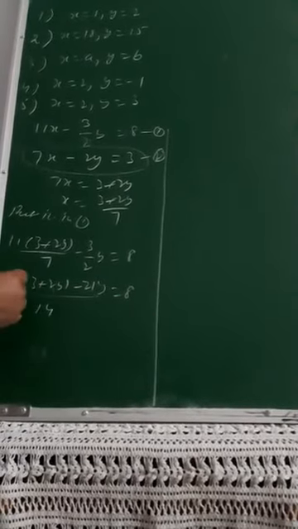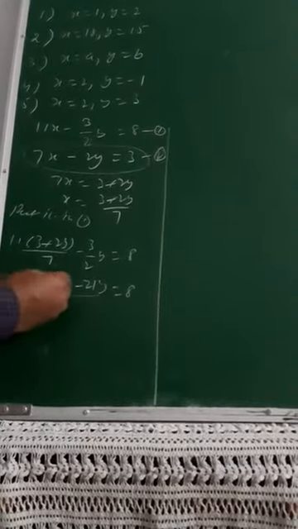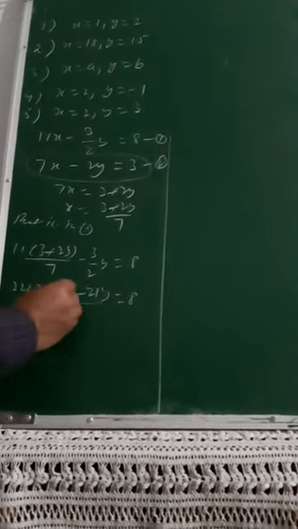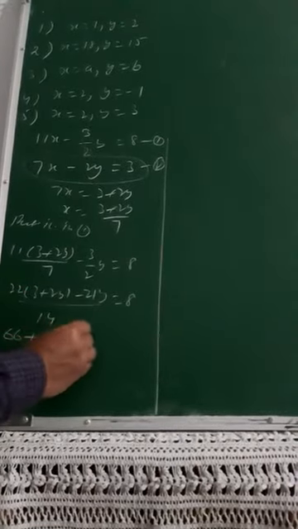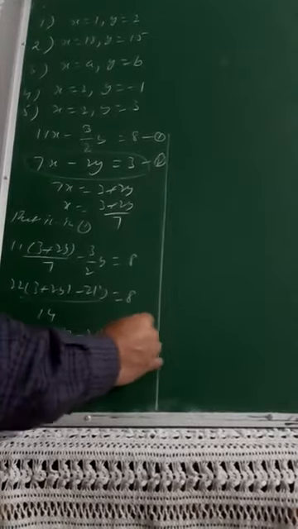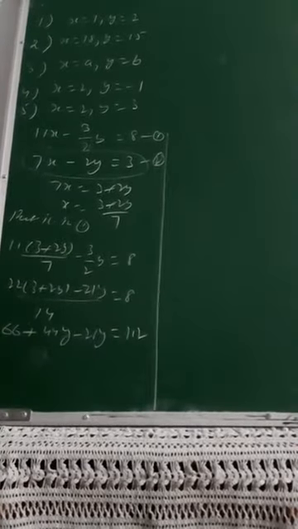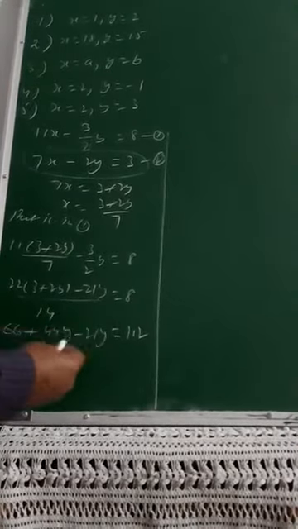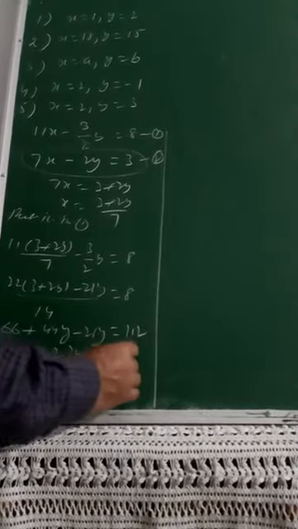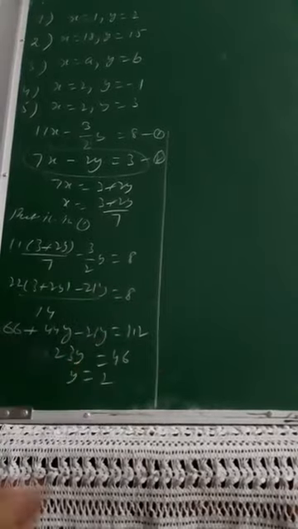Then you do the cross multiplication and open this bracket. What you will be getting: 66 plus 22 4s are 44y minus 21y is equal to 112. So 44 minus 21 is 23y, equal to 46.